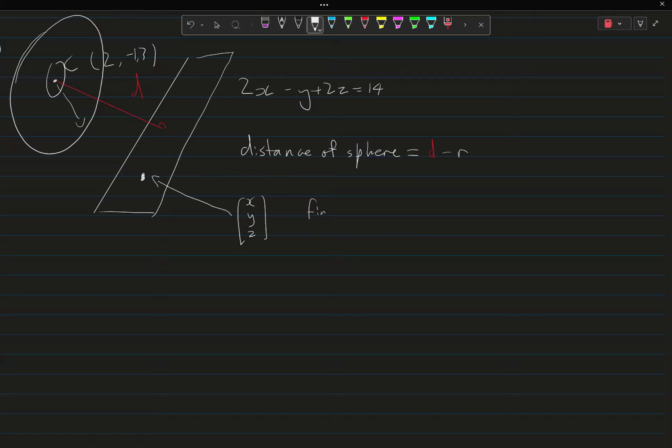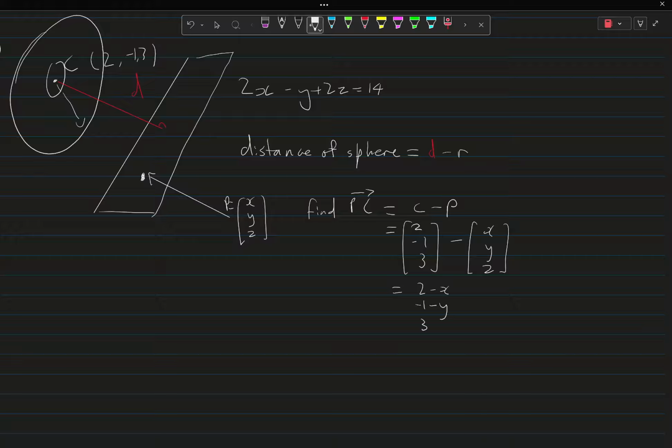So let's call the point P equals xyz. Find PC. So we have C minus P, because we're going back from P to the origin all the way back to C. We have 2, negative 1, 3 minus x, y, z. And that is 2 minus x, negative 1 minus y, 3 minus z.